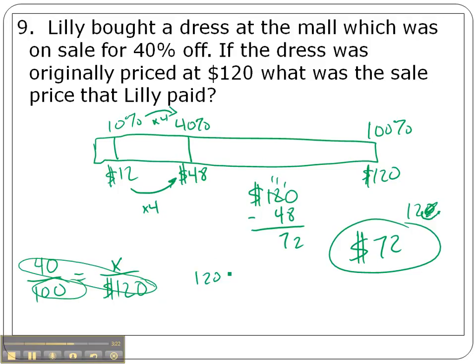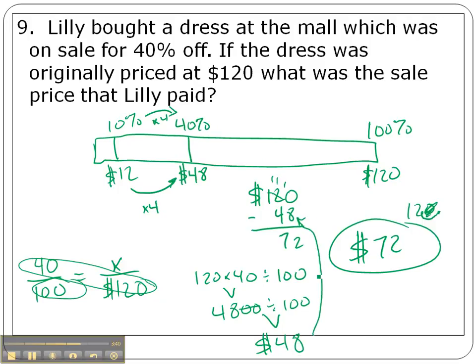Multiply the bat, 120 times 40. Divide by the ball, which is 100. 120 times 40 is 4,800. Divided by 100. Dividing by 100, get rid of those two zeros, so we get $48, which is the same thing we got here. You subtract that $48 from the $120, and you'll get the same answer for the sale price, $72.